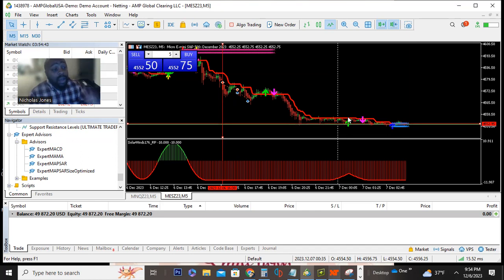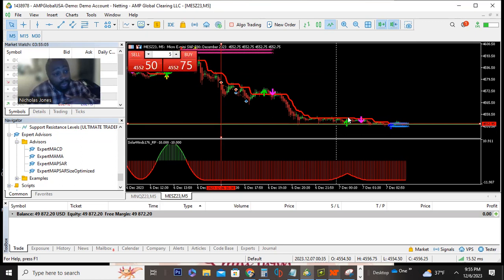And then I have a trend following strategy where I just follow the trend, but I wait until pullbacks happen on the shorter time frames. So if the market is in the uptrend, I have to wait until a pullback happens on the 15 or the 5 minute or the 30 to go back in the other direction.